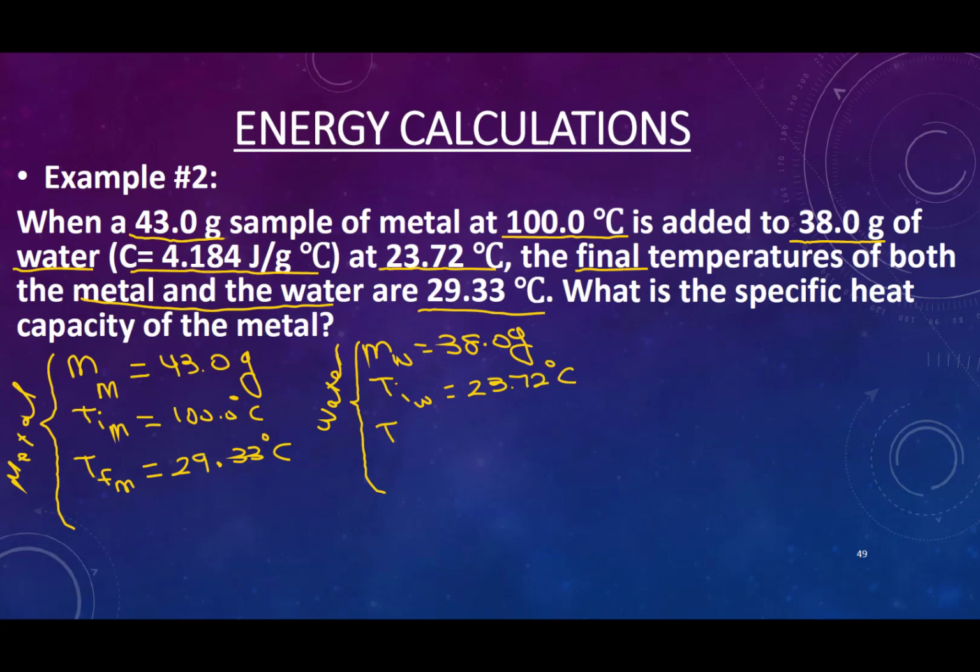The final water temperature, which is the same as the final water temperature for metal, which is 29.33 degrees Celsius. And we also know the specific heat capacity of water, which is 4.184 joules per gram degrees Celsius. Then what we need to calculate is the specific heat capacity of the metal. This one is the unknown.